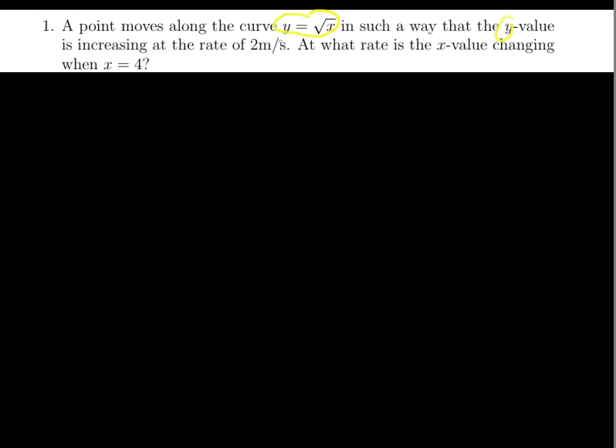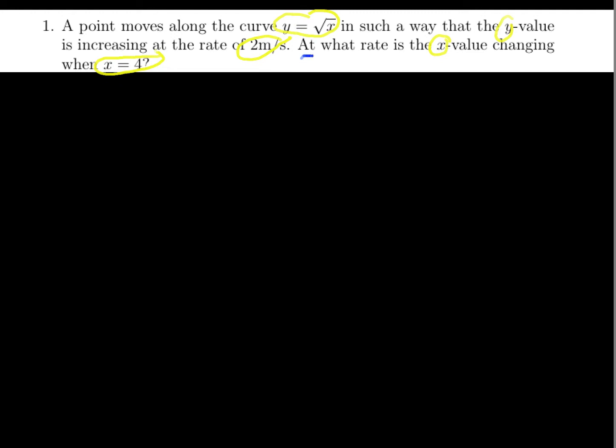Here is a number, 2 meters per second. Another variable, x, and x equals 4. So these are our numbers and variables.